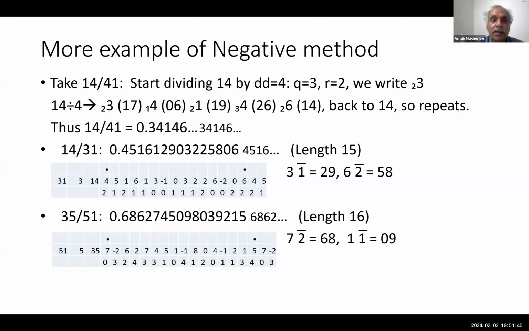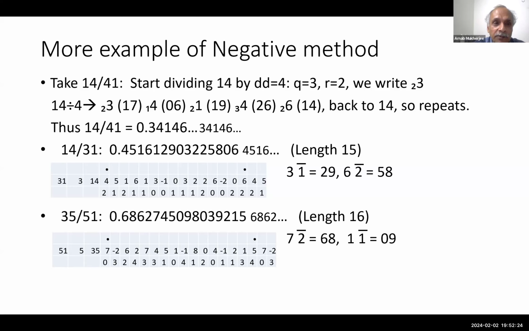If we continue with 23, since 14 divided by 4 was 3 quotient and 2 remainder, it will go like 14 by 39, in a positive method, everything positive. That was the case of 39, isn't it? 1 by 10n minus 1 it was. Here it is 1 by 10n plus 1. It will be negative.